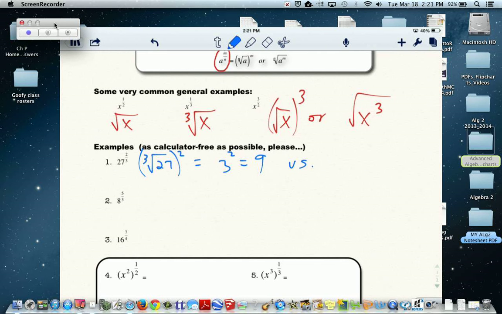However, versus the other one where you go 27 squared and then cube root, many of us won't be able to do 27 squared, probably none of us do 27 squared in our head and then find a cube root. So this is a correct way to write it, but it's going to be much more difficult for us to do in our head.